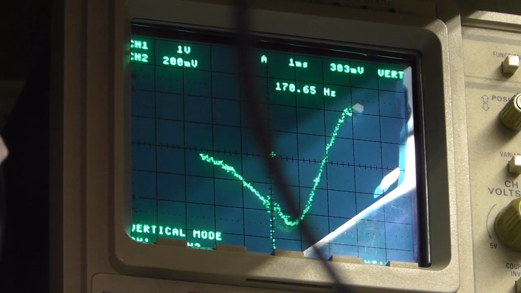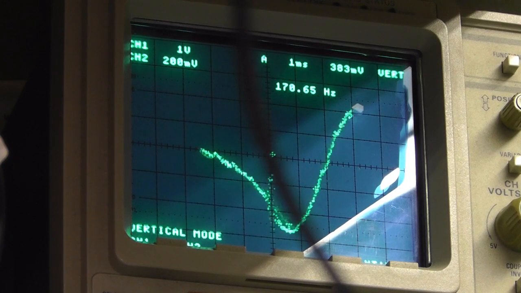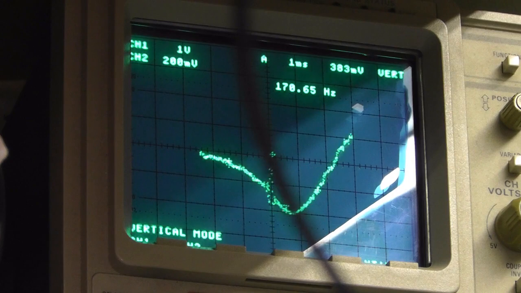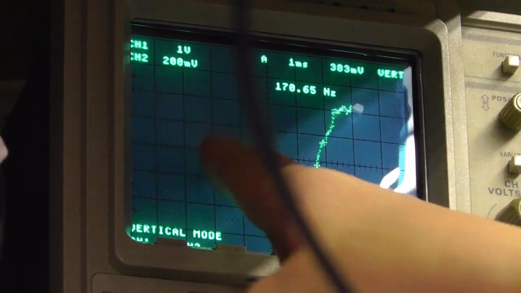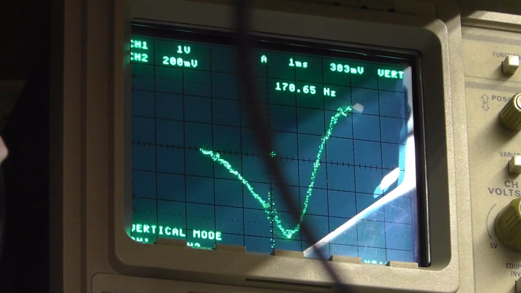I'm going to go back and start again on the first IF. I'm trying to get this back portion up higher. And it was the second IF.